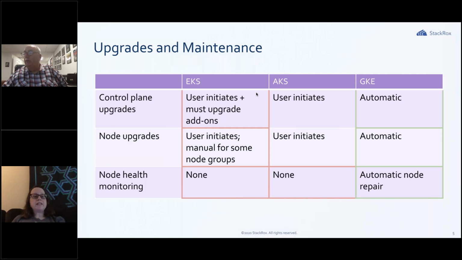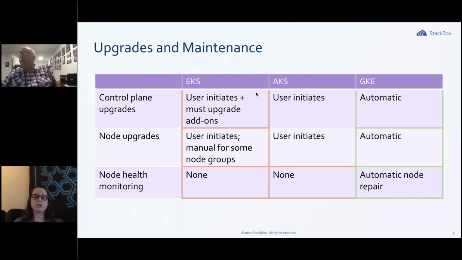So for control plane upgrades, in EKS the user must initiate, and also there are add-ons. The definition varies a little bit from cloud provider, but in EKS, add-ons are not only optional services like your autoscalers and any drivers, like if you want to use EFS, Elastic File System volumes, that's an add-on to support.